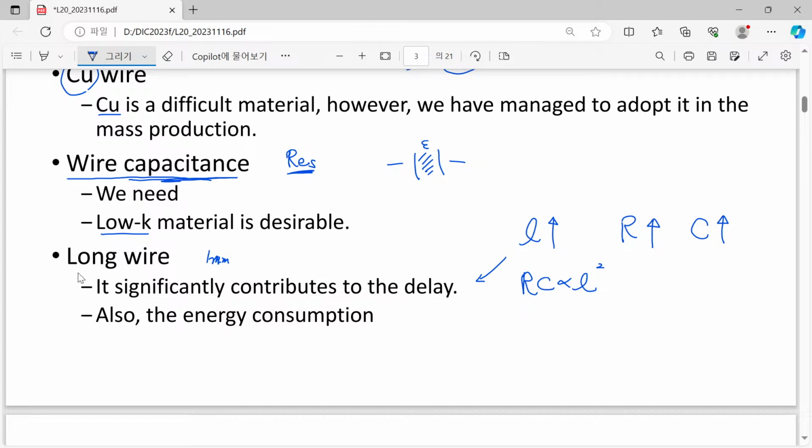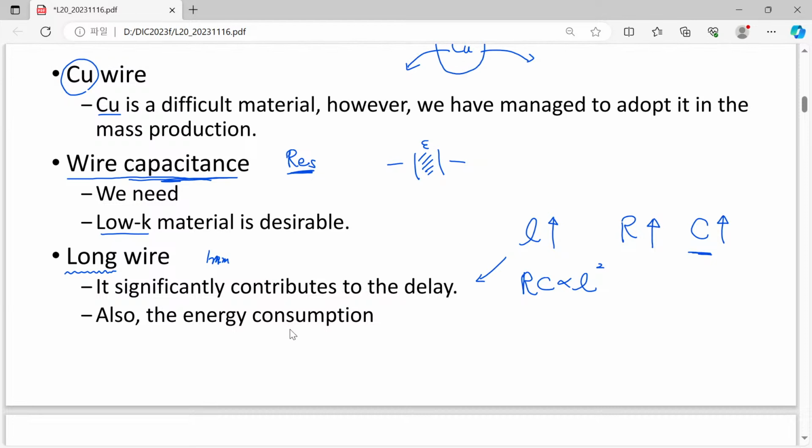The bottom line is we must avoid the long line. If we have a high capacitance, then in order to switch it on and off, we need more energy consumption. So the long wire line should be avoided.